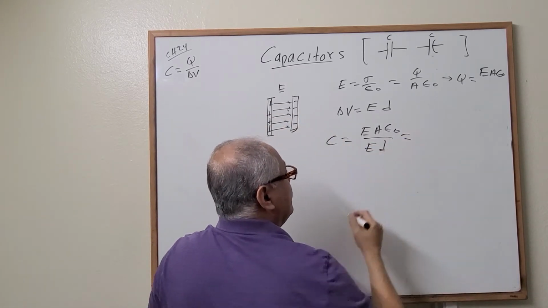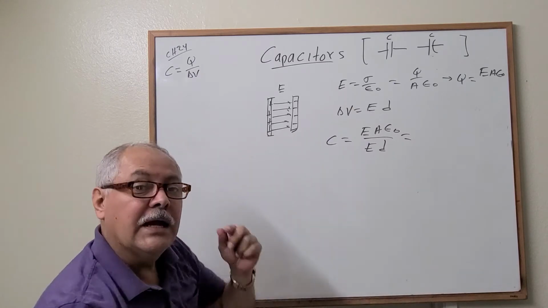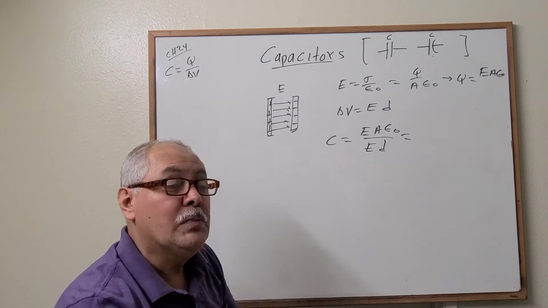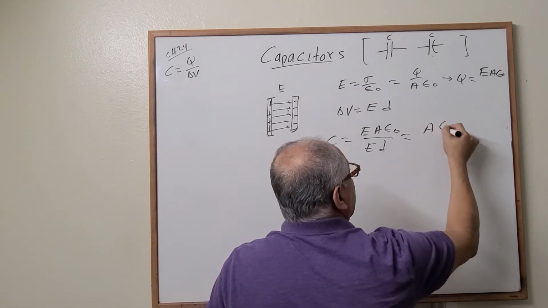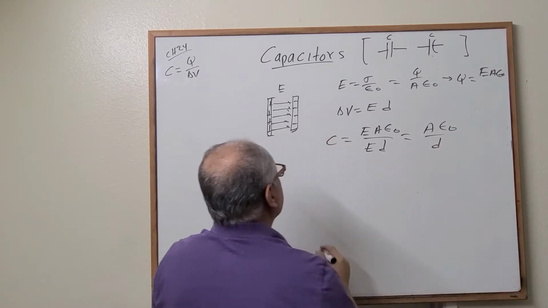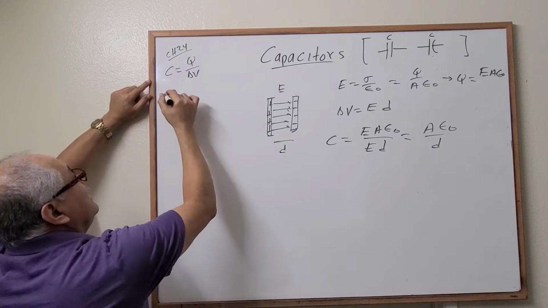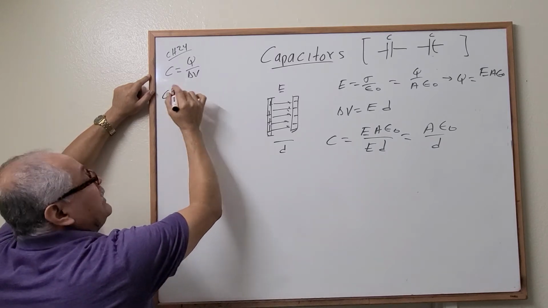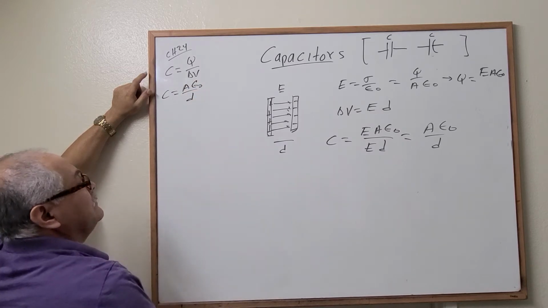From here we found the capacitance for the two parallel plate capacitor: C equals area times epsilon naught divided by the distance d between the two plates.